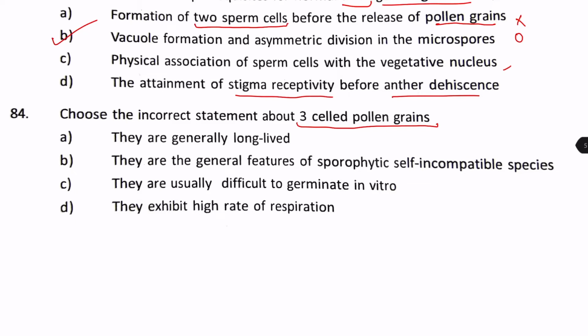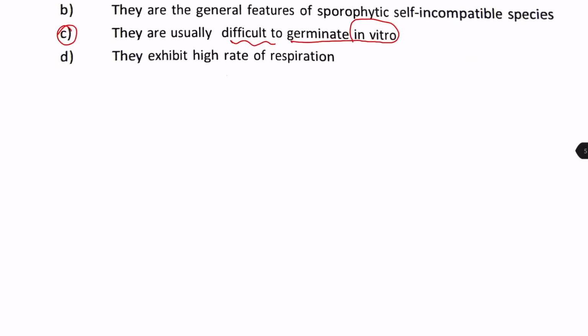Next, they are a general feature of sporophytic self-incompatible species. They are usually difficult to germinate in vitro and they exhibit high rate of respiration. The answer will be that they are usually difficult to germinate in vitro. Answer number C is the correct one.